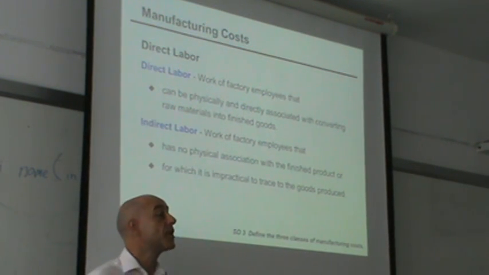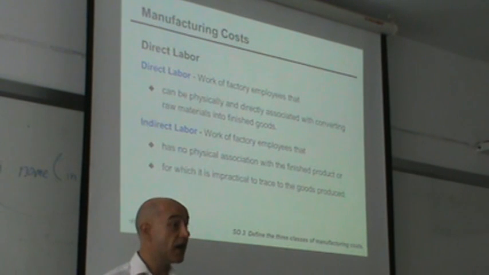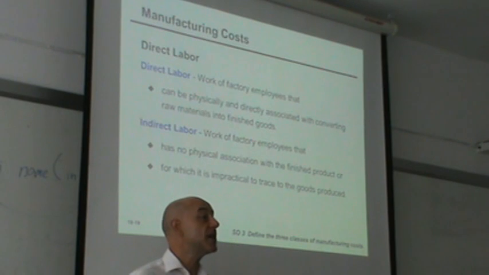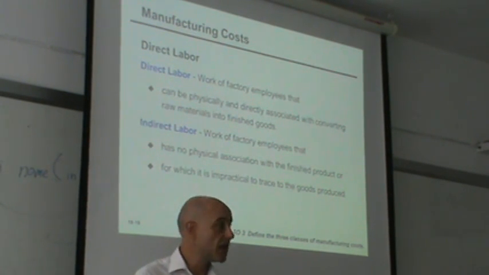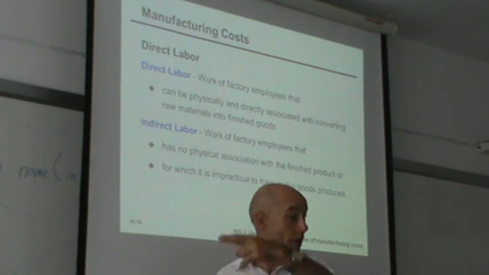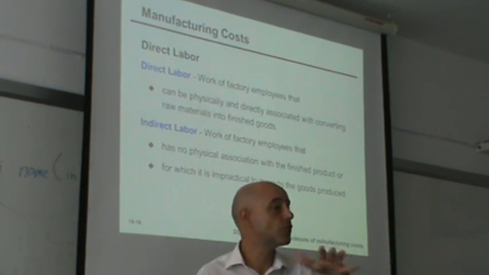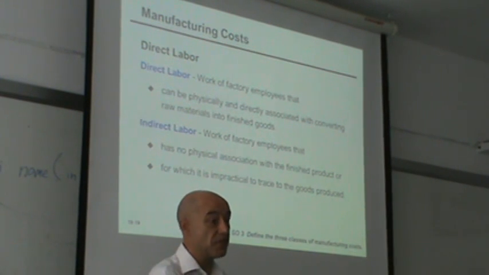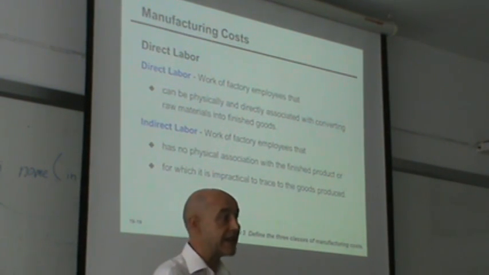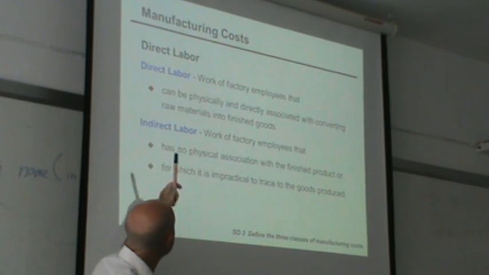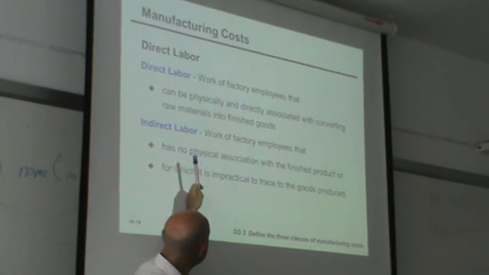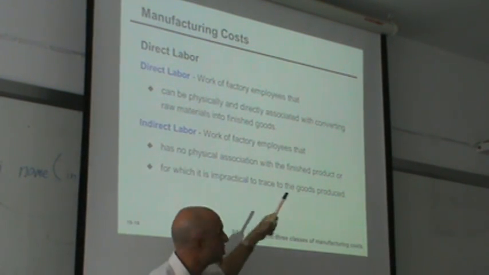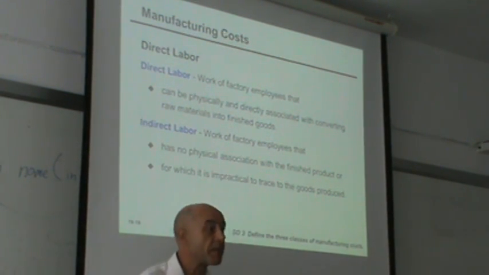Right now, my cost is a direct cost, okay? In this particular case, it's the cost of a service, the cost of serving or educating about 25 people, okay? Spending, I don't know, 50 minutes per hour, okay? That's direct labor. Now, indirect labor, it's factory employees, but there's no physical association with the finished product.